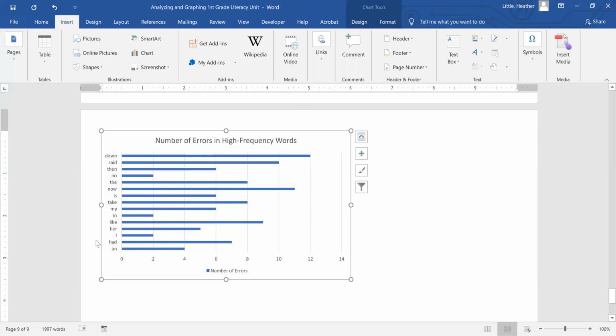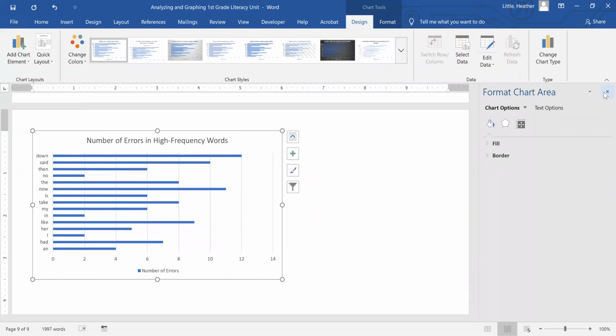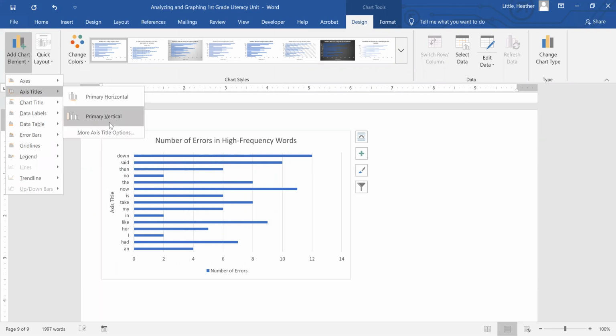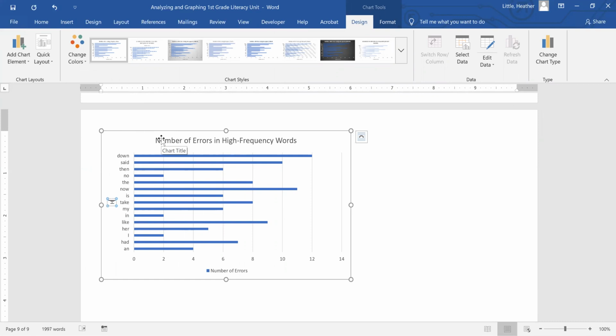And again, by the way, I just double clicked on that to open up this menu. You also can click the design menu at the top. I like to have axis titles, so we're going to do a primary vertical, and then this is high frequency words.